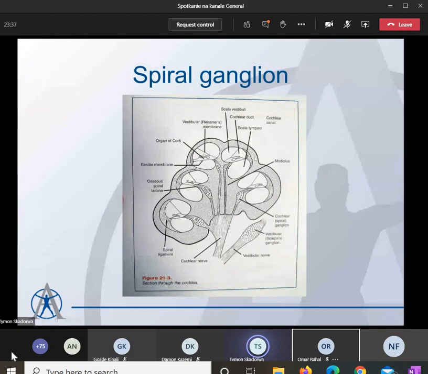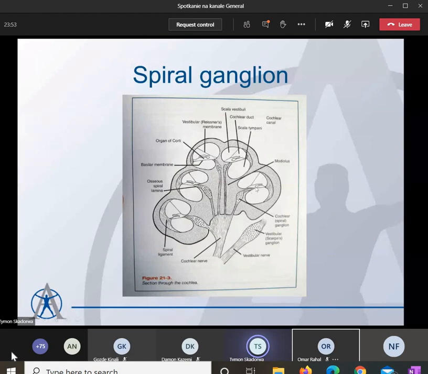So if you look at the cochlea, you can see that at different levels we have the basilar membrane with the spiral ganglion of Corti, and every single level reacts to different tones.